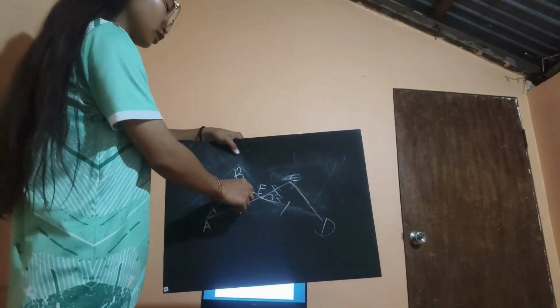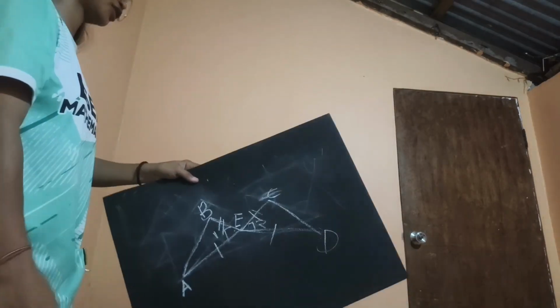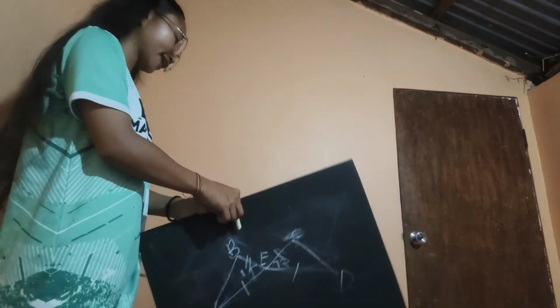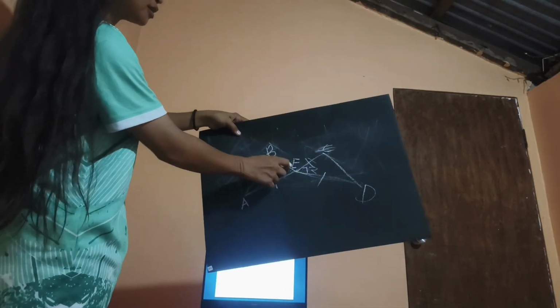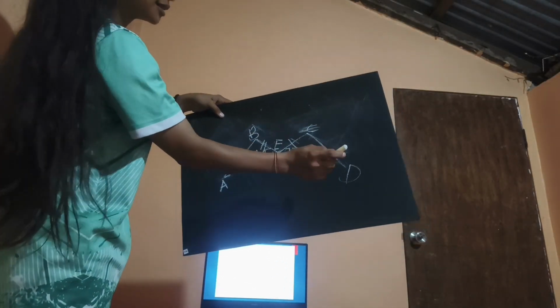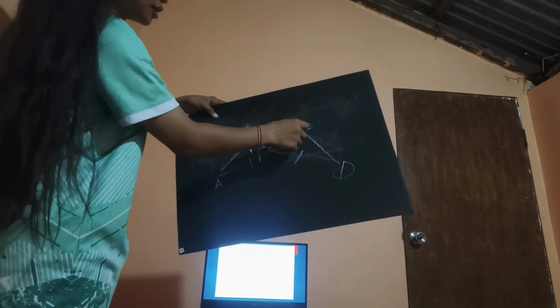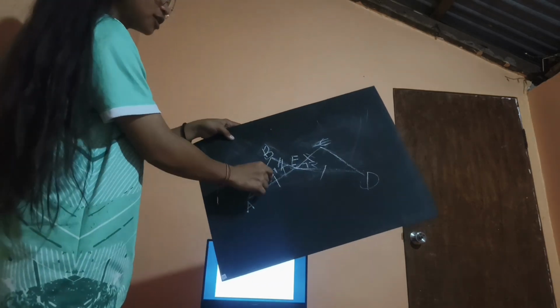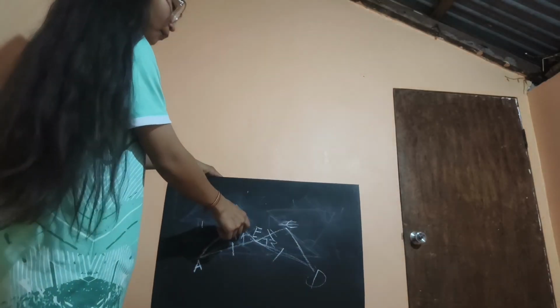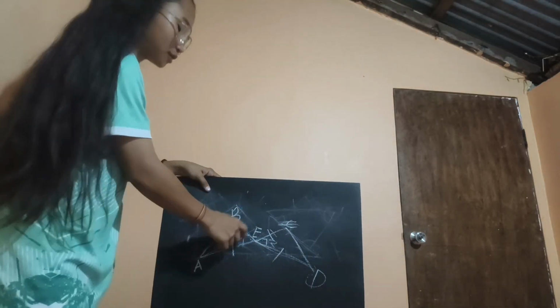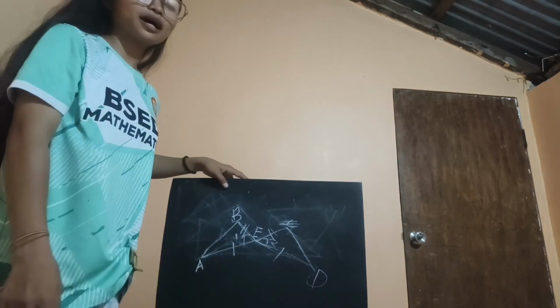So they are congruent. The condition here is to prove that angle ABE is congruent to angle DCE. What? ABE is congruent to DAC. Yes, they are congruent because they have the same two sides and the same angle.